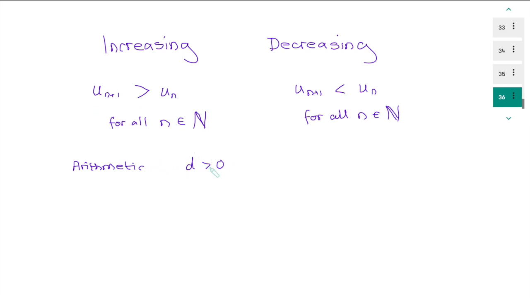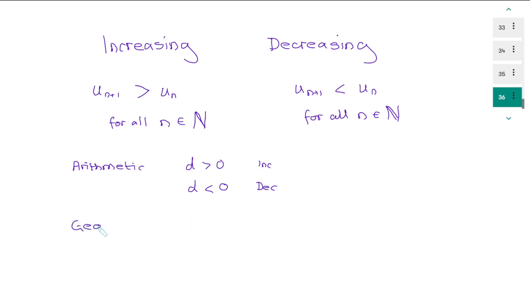We're adding a positive number on every time, so this condition is going to hold, so that's going to be increasing. And similarly, if d is less than 0, so we're always adding a negative number on, so we're taking a number away, it's going to be decreasing. So arithmetic sequences are really easy to see which one of these they are.